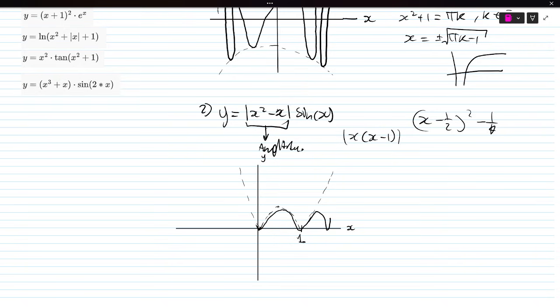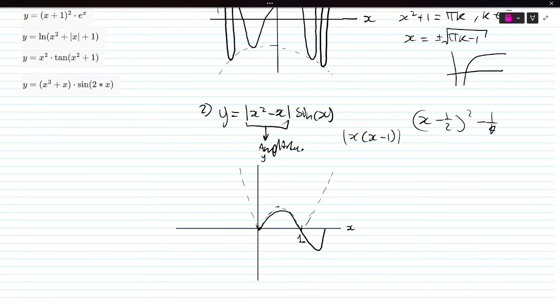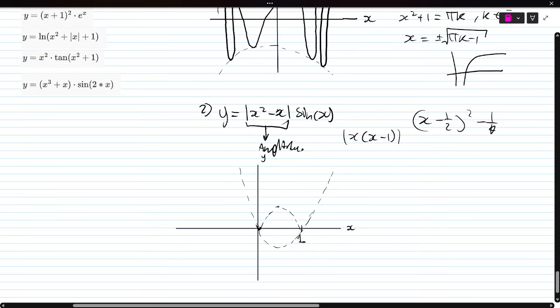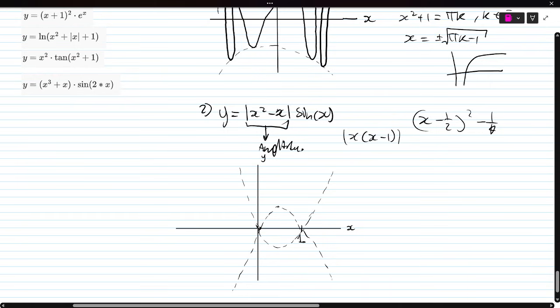The period doesn't change. Well, I would say I need to reflect this as well. This might be a hard graph sketch.